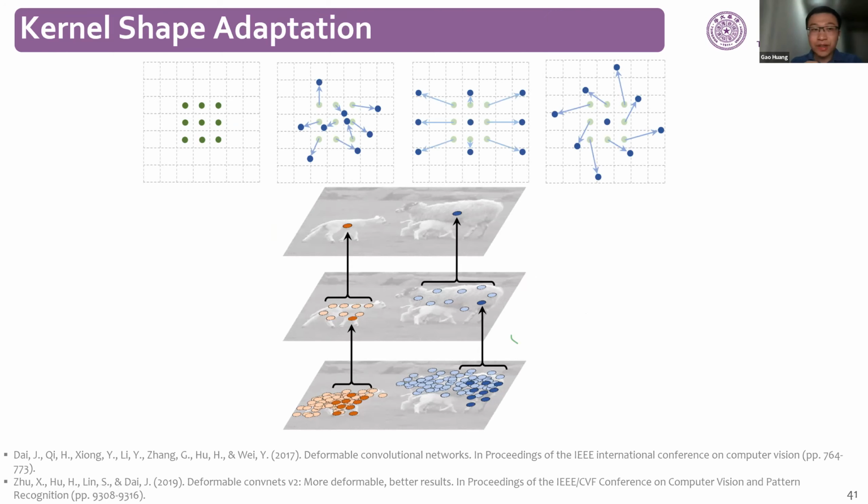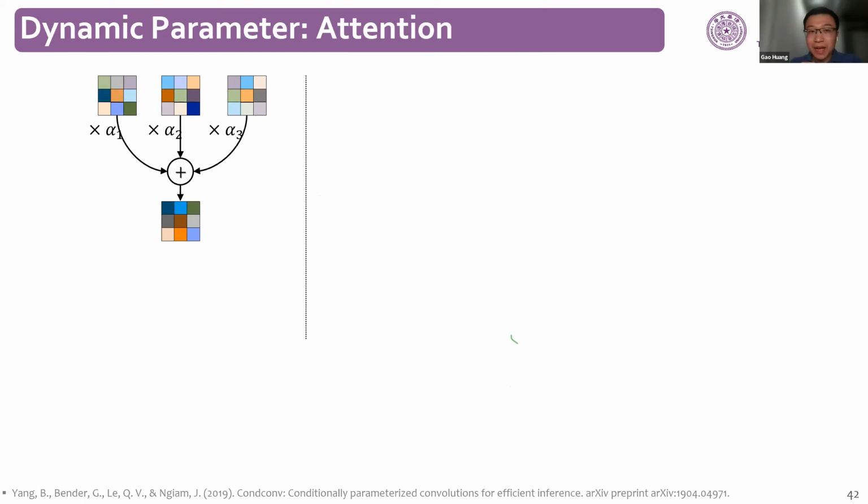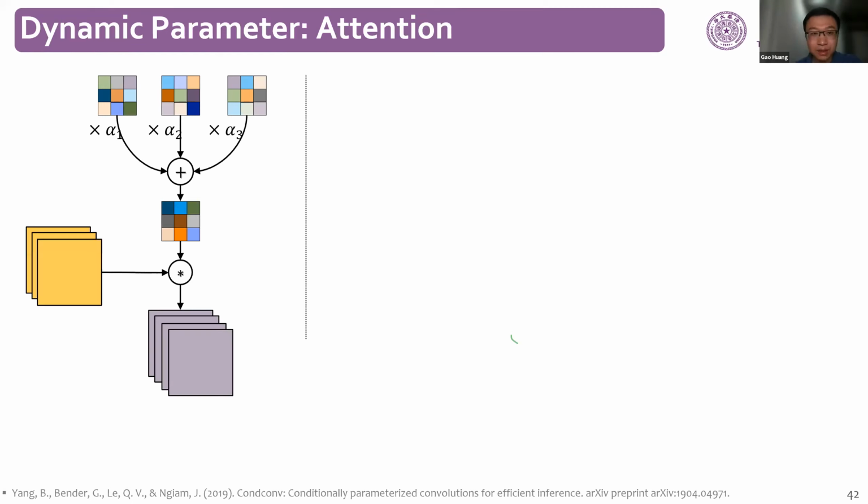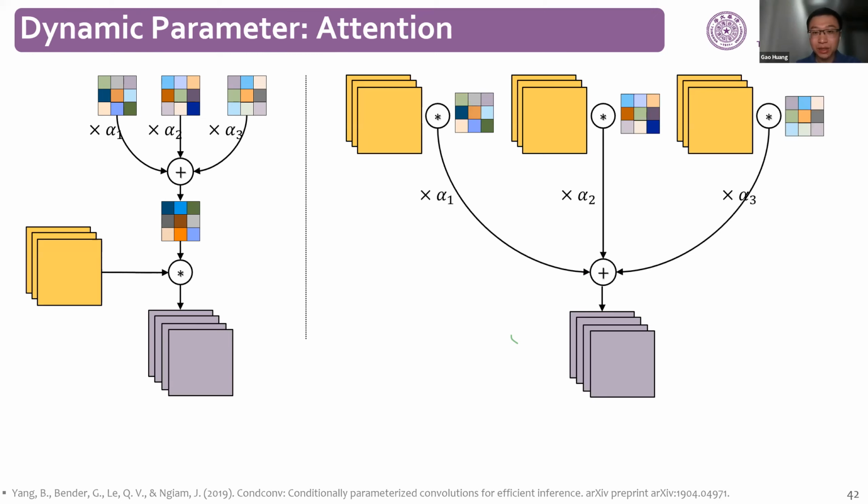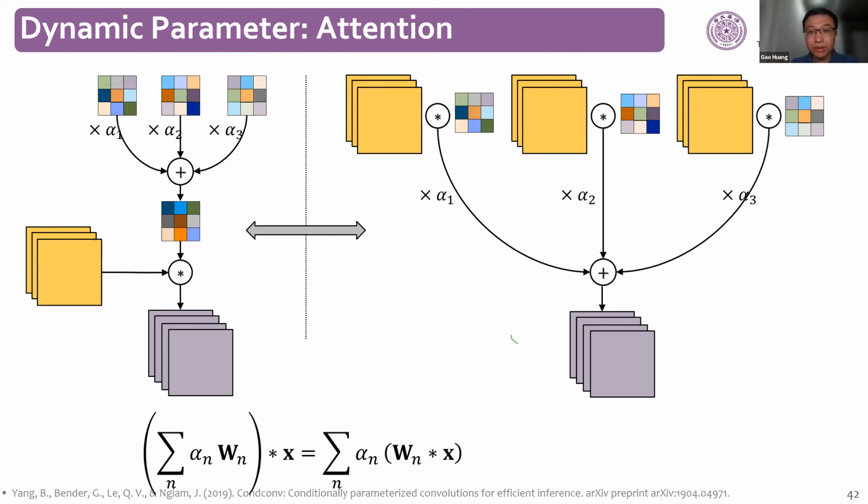And finally, perhaps the most widely used dynamic parameter networks are those with an attention mechanism, such as the transformer architecture. The reason attention is a type of dynamic parameter is that attention is applied to reweight the feature maps, and reweighting the feature maps is equivalent to reweighting the weights.